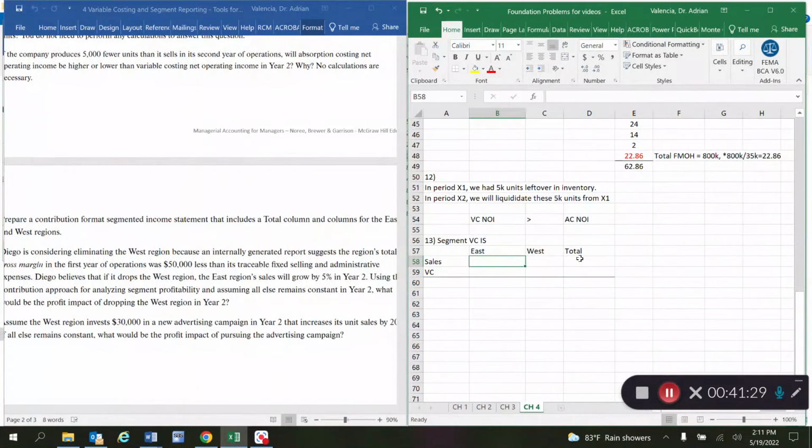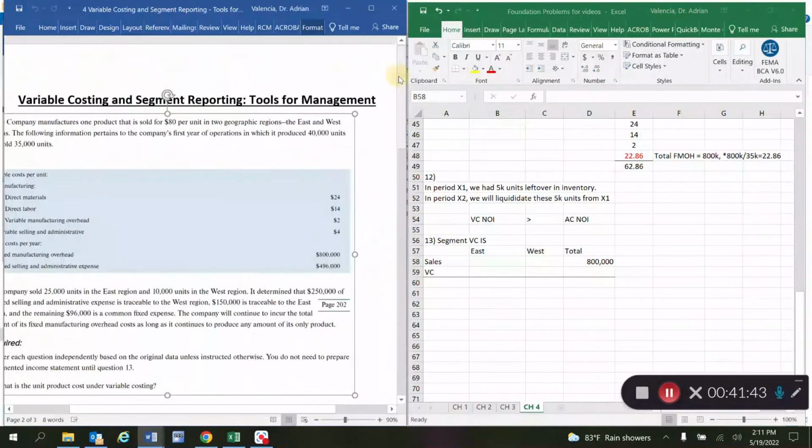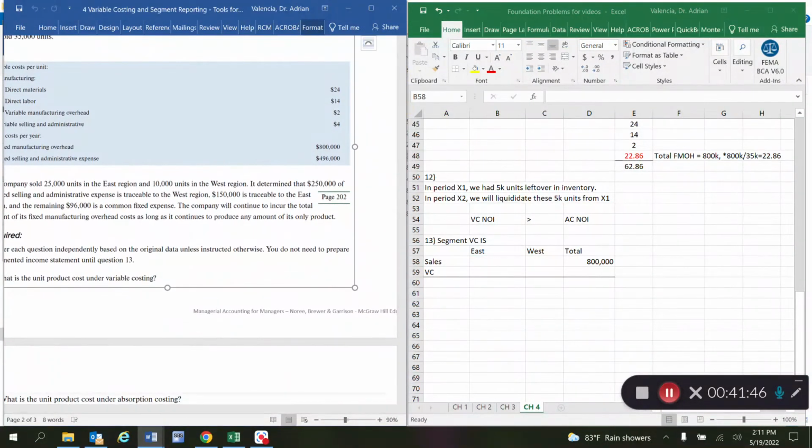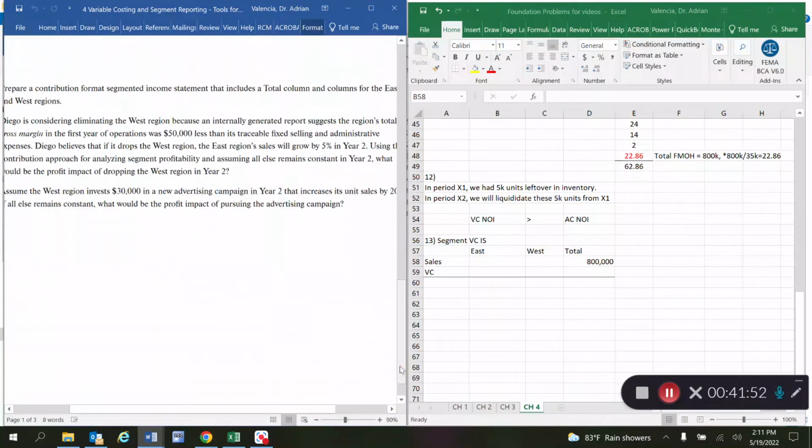We know the total here is 800,000 from before. So now we're just saying what corresponds to each area. And I believe for the east, we sold 25,000 units, and then for the west it was 10,000 units.